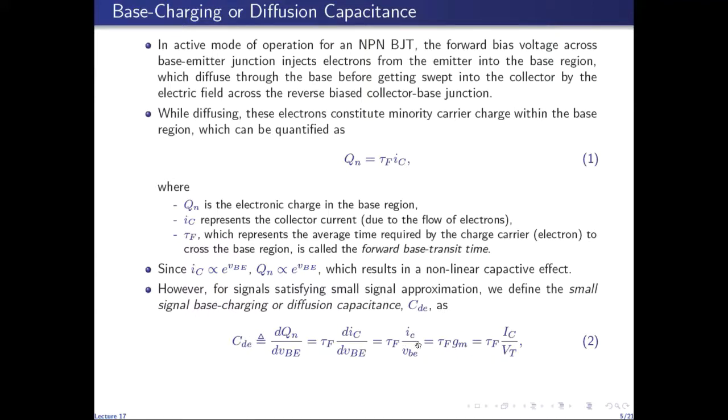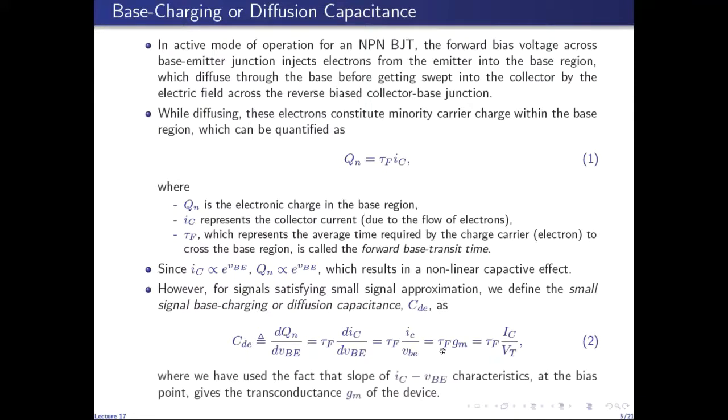And since for small signals, for small change in VBE, the corresponding change in IC is linear, we can replace this derivative by the ratio of change in IC to change in VBE, because the change in IC for a small change in VBE is linear. So we can represent this derivative in terms of the small signal quantity, which is equal to GM, of course.